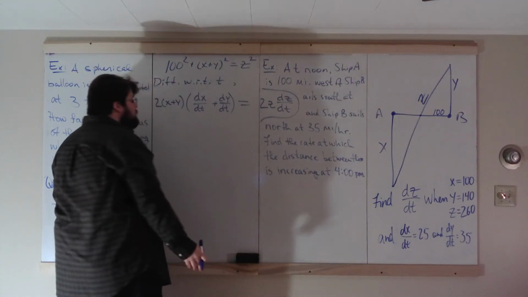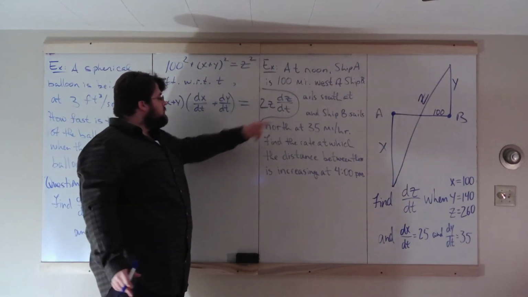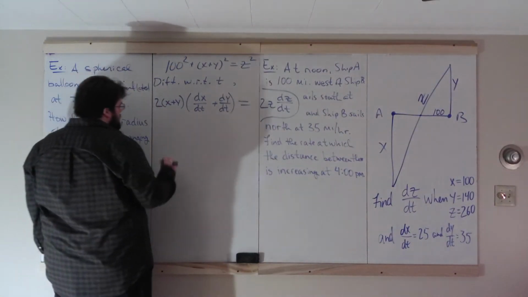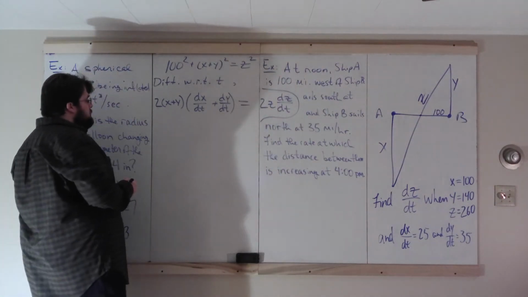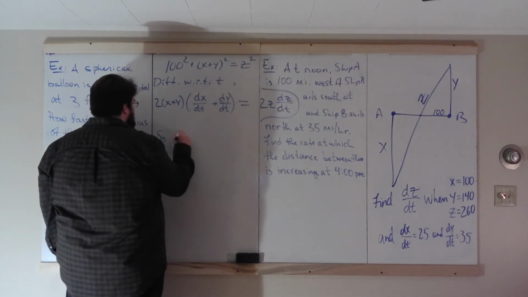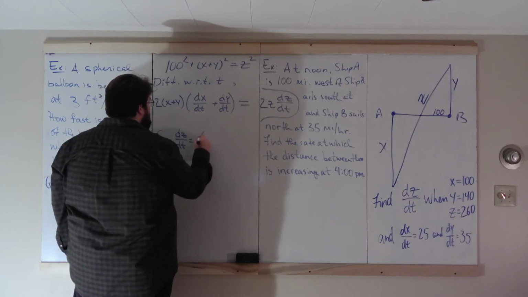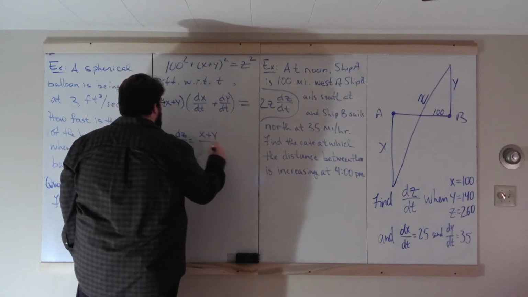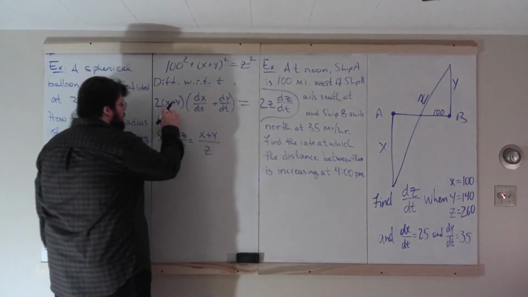Well, now we just have to substitute and solve. We're looking for dz/dt. It's right there. In the other ones, I didn't solve for the quantity and then substitute. I substituted, then solved. I'm going to solve and then substitute here. So dz/dt, divide by 2, and that goes away. Divide by z. I'll put it on that term.